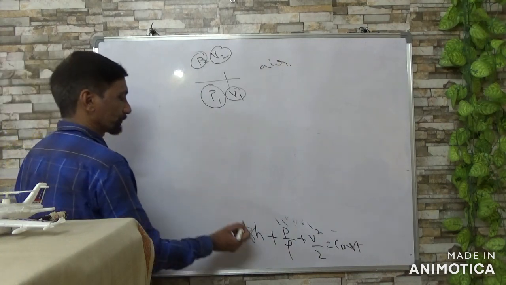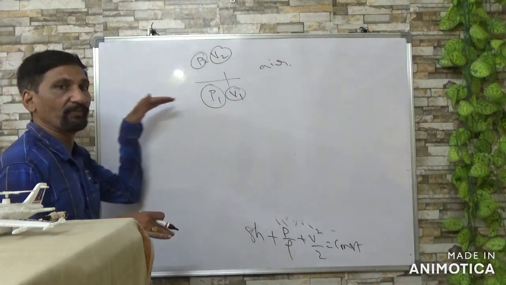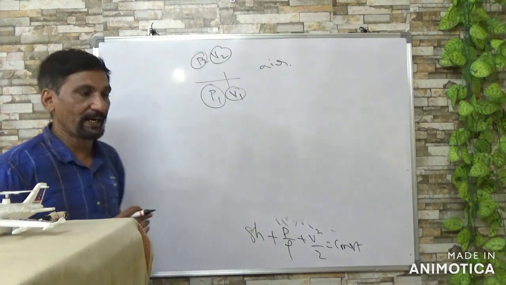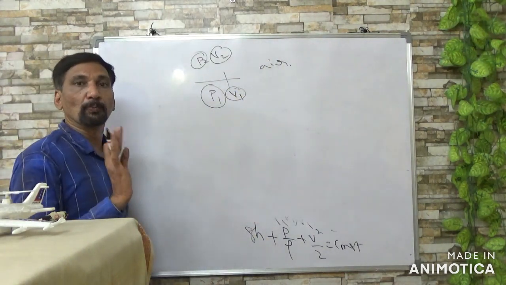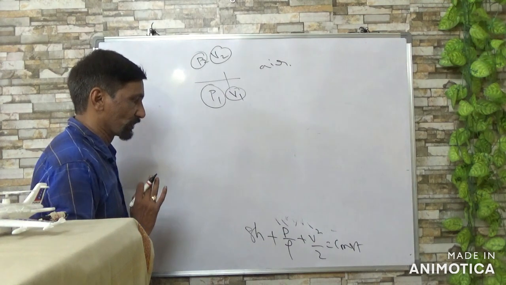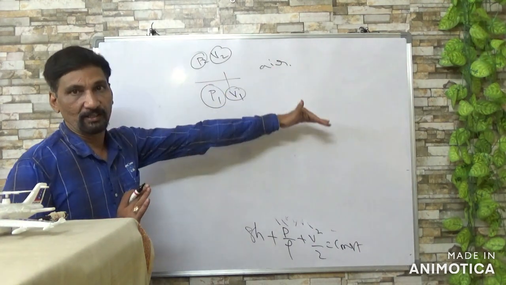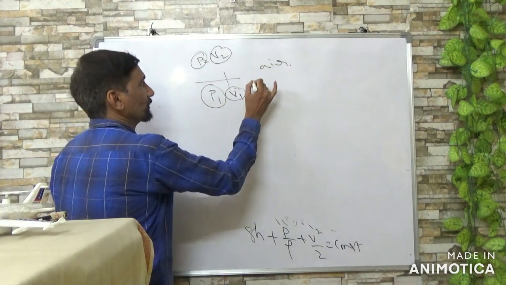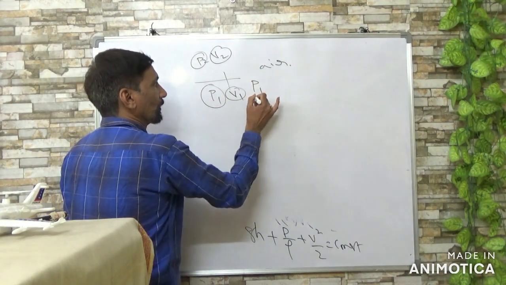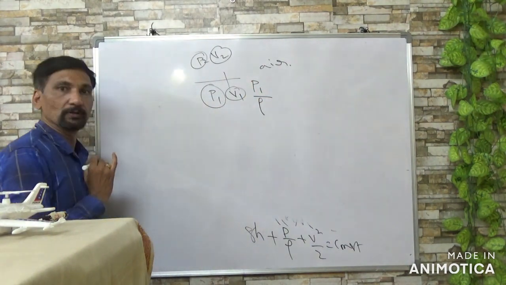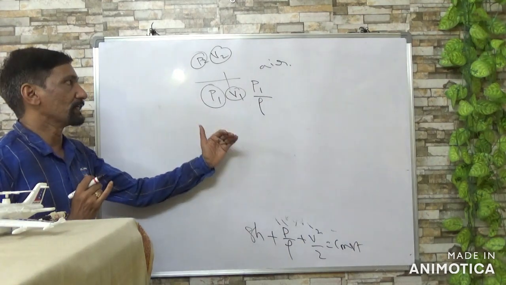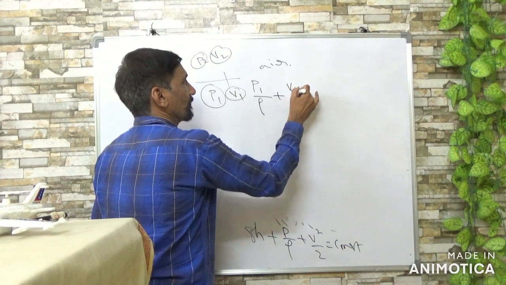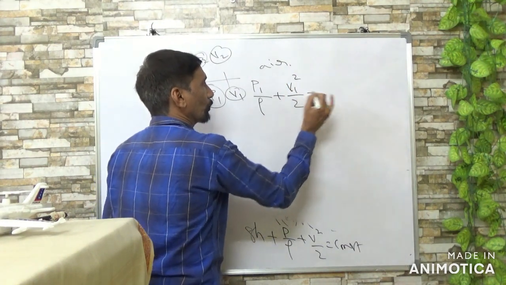There is no height variation because it's moving horizontally, right? That is why there is no potential variation, only pressure and velocity. So at the bottom, take P1 by rho, where rho is density of air, plus V1 square by 2.